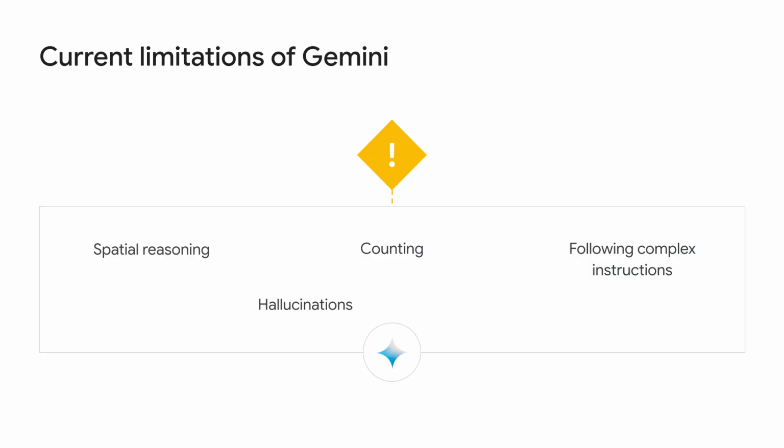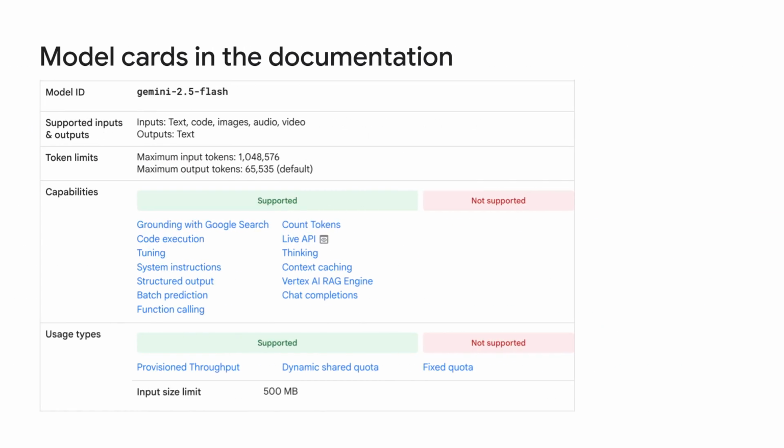Reducing the temperature or requesting shorter descriptions can help mitigate this. And finally, Gemini is not suitable for medical uses and should not be used for providing medical advice. You can learn more about each model, including what features are supported or not supported, on the model cards in the Google Cloud Generative AI on Vertex AI documentation.